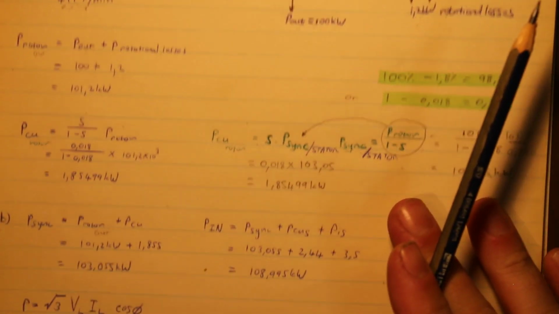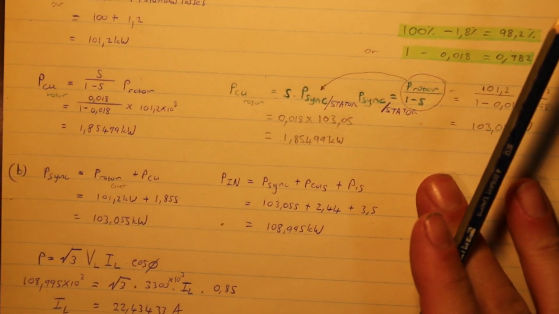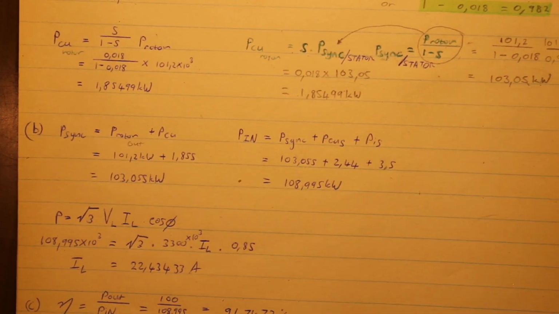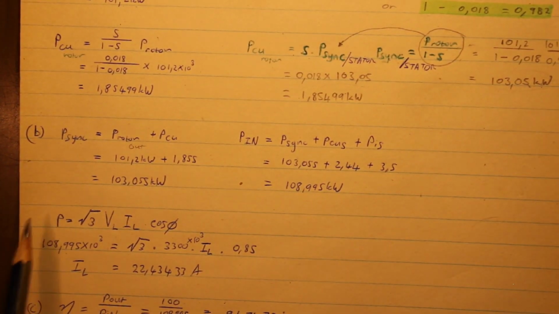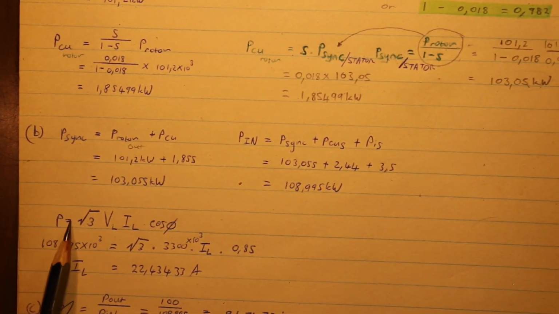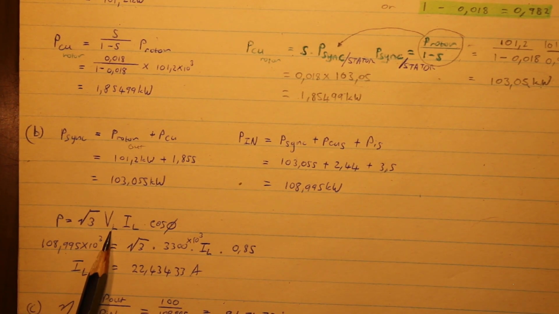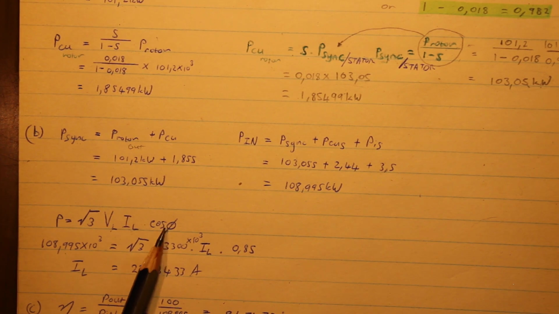So now we have the power into the motor. Okay, with that, then we can go to the power formula, and we can say square root 3 V line, which they gave us, of 3,300 volts, times I line, which we're looking for, times cos phi.